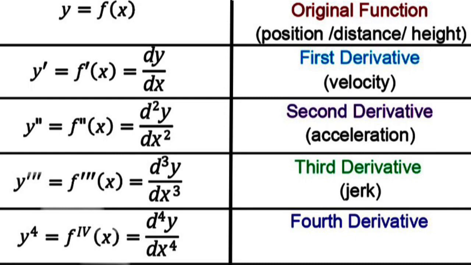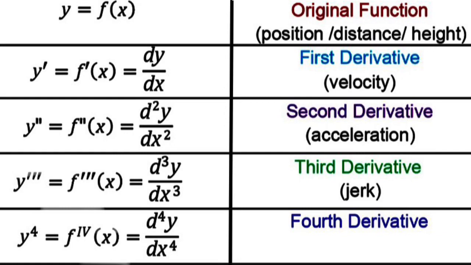And when we differentiate this first derivative, or velocity, again, we come to the second derivative. This second derivative is called acceleration. And when we differentiate this second derivative, or acceleration, again, we come to the third derivative, and this third derivative is called jerk, and so on.